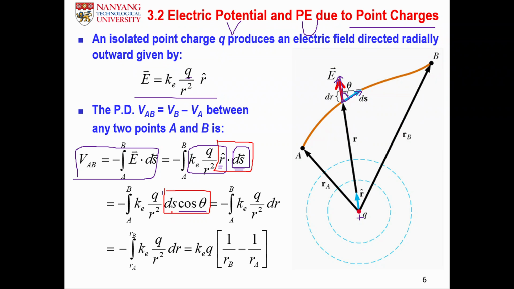Here Ke is a constant and Q is also a fixed constant.